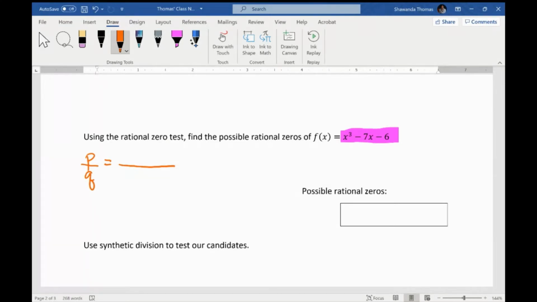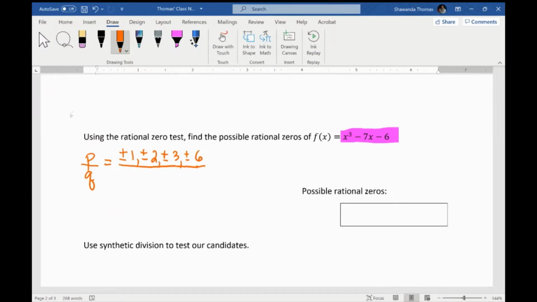We're going to write it like this: plus or minus. Give me the first factor. Let's do it in order. What's the first factor of 6? 1. What else? 2. Yep. Plus or minus 3. And plus or minus 6. All right.